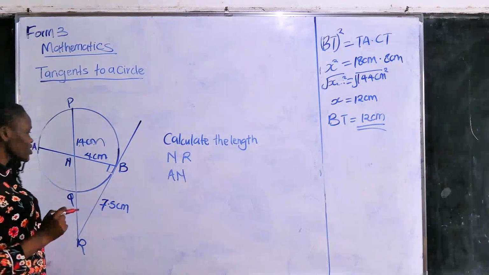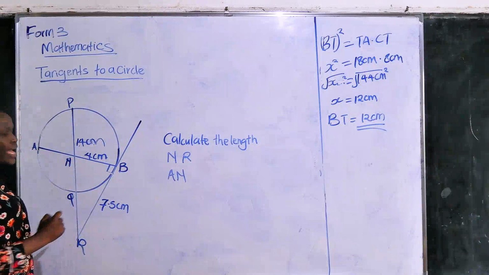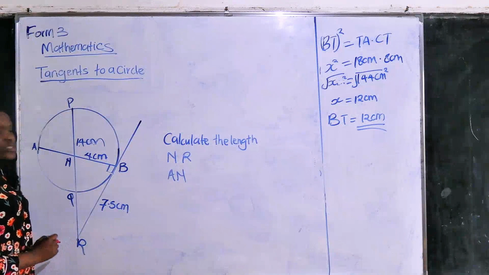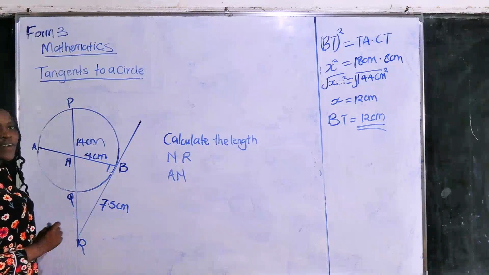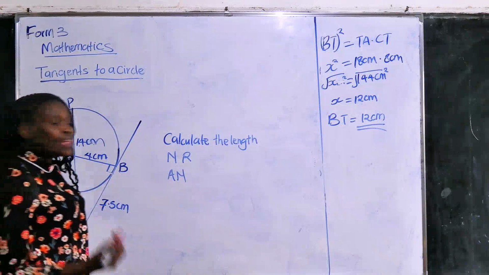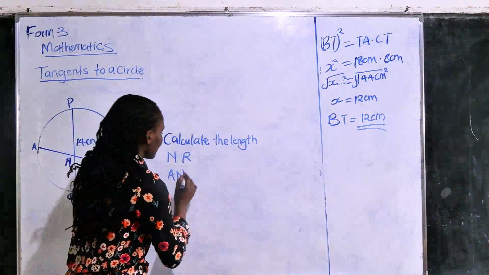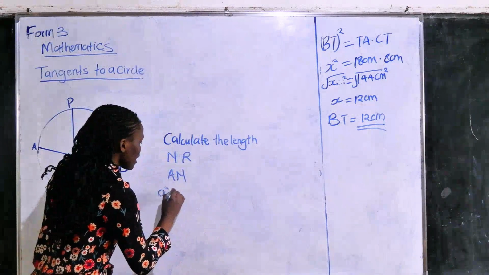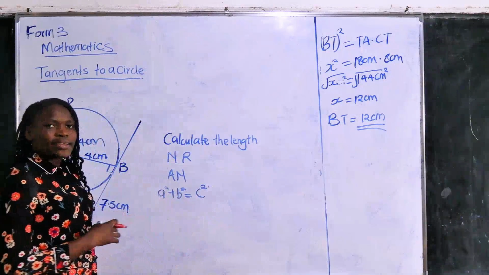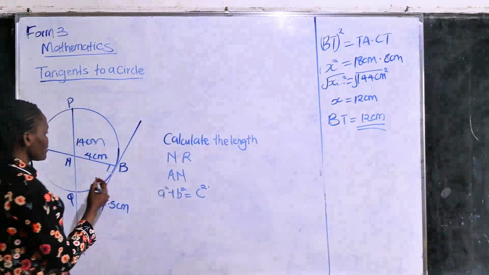In this right angle triangle, we have our hypotenuse as NR, and we have this side and this side. So we can find the length NR using the Pythagoras theorem, which states that A squared plus B squared is equal to C squared.